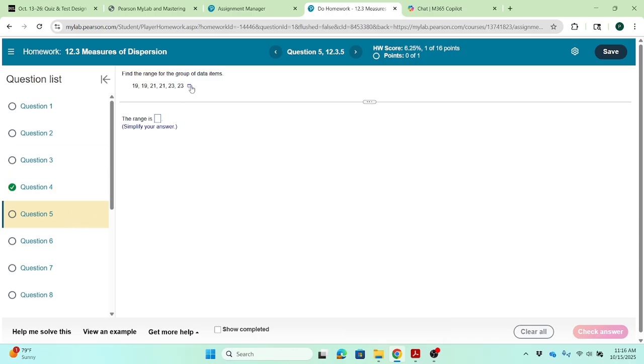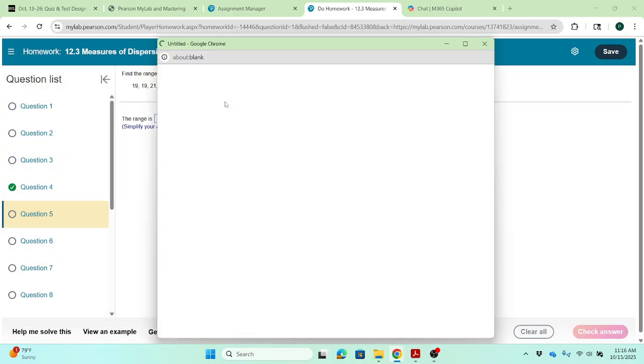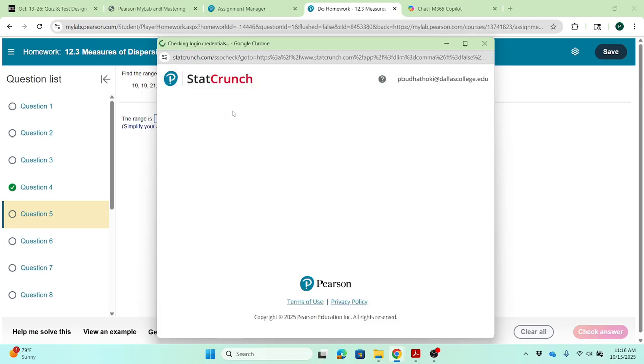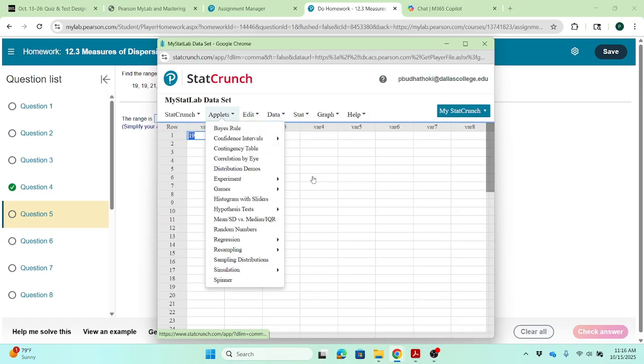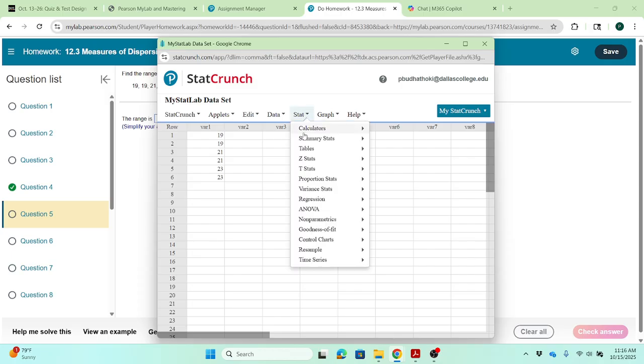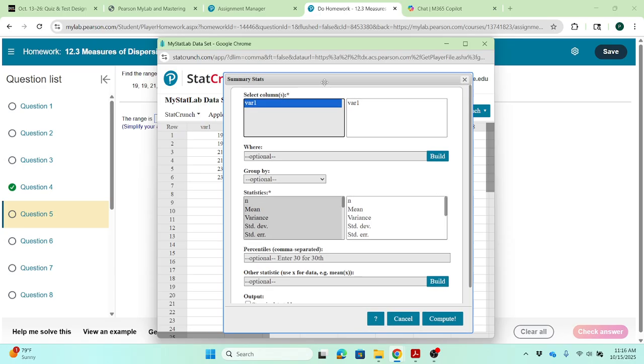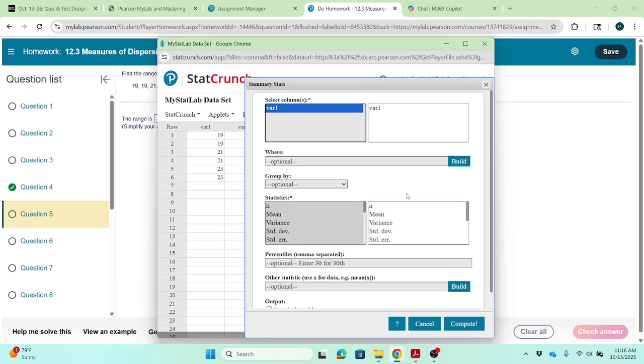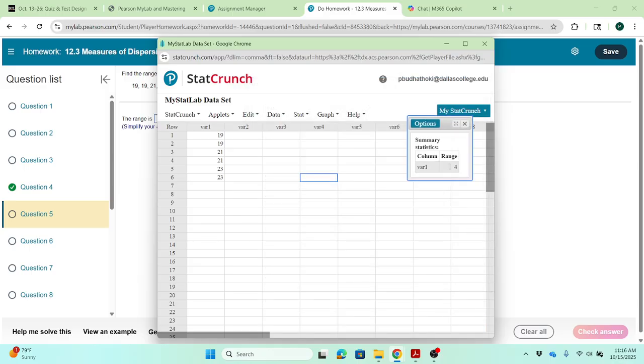So you can also open this data in StatCrunch and find the range from there. Just go to Stat, Summary Stats, select the column, which here is named Variable 1, and then go under the Stat options. There is a range function. Just compute that and it will give you the range, which is 4.